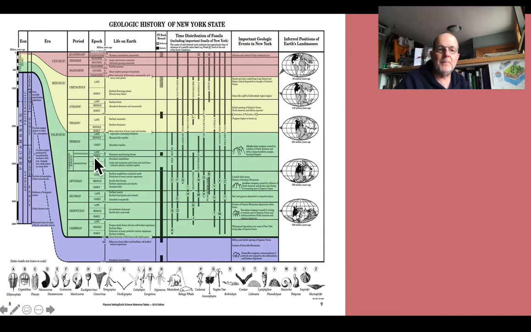Another thing about this reference table is that you'll notice the New York rock record, what rocks can be found, and therefore what fossils are potentially found in New York, is not complete. We have a lot of Cambrian, Ordovician, Silurian, Devonian, only a little bit of Mississippian, a little bit of Pennsylvanian, and then we have no Permian in New York. Very little Triassic, very little Jurassic, and then not much Cretaceous.